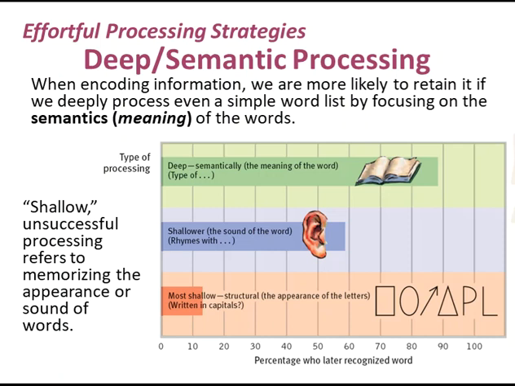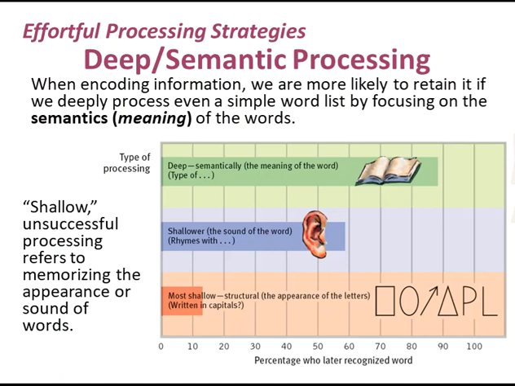Shallow, unsuccessful processing refers to memorizing the appearance or the sound of the words. So here's the type of processing. Deep: semantically, the meaning of the word. Then we have a shallower form of processing, the sound of the word, the rhymes of the word. And the most shallow, the structure, the appearance of the words.